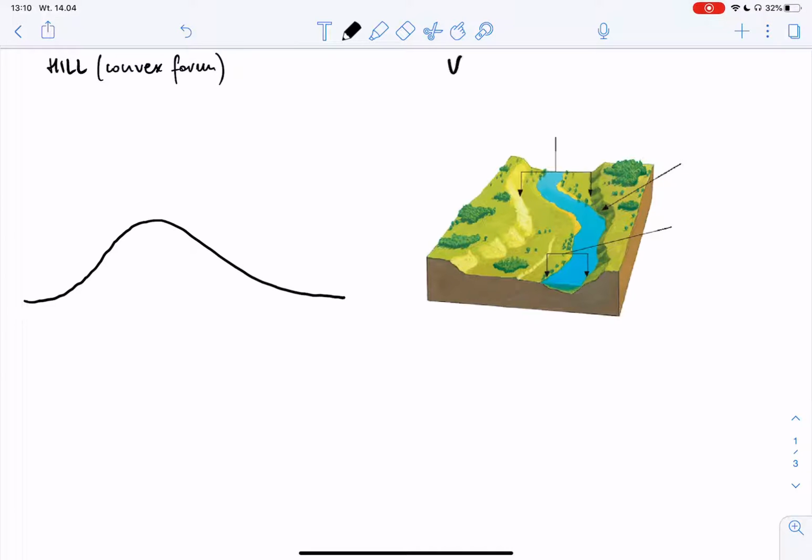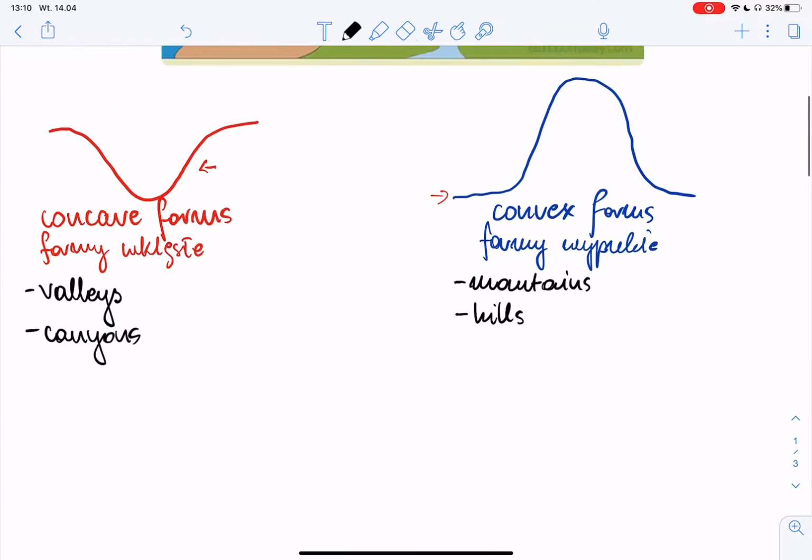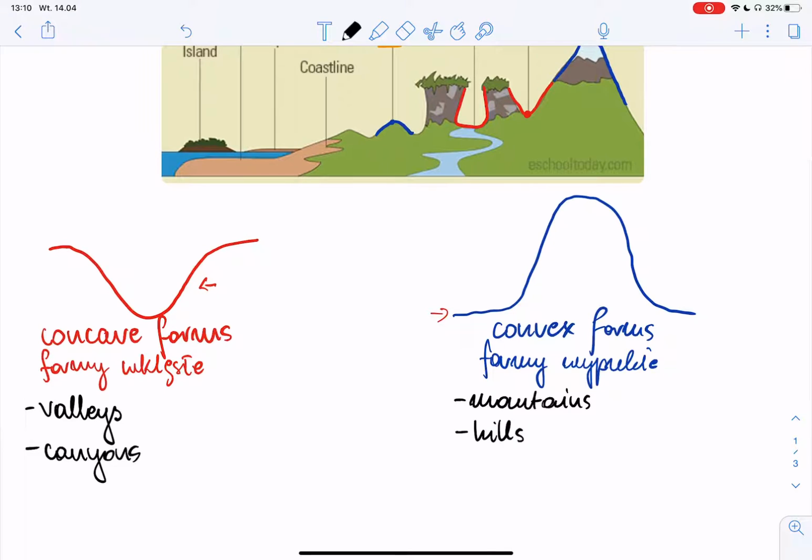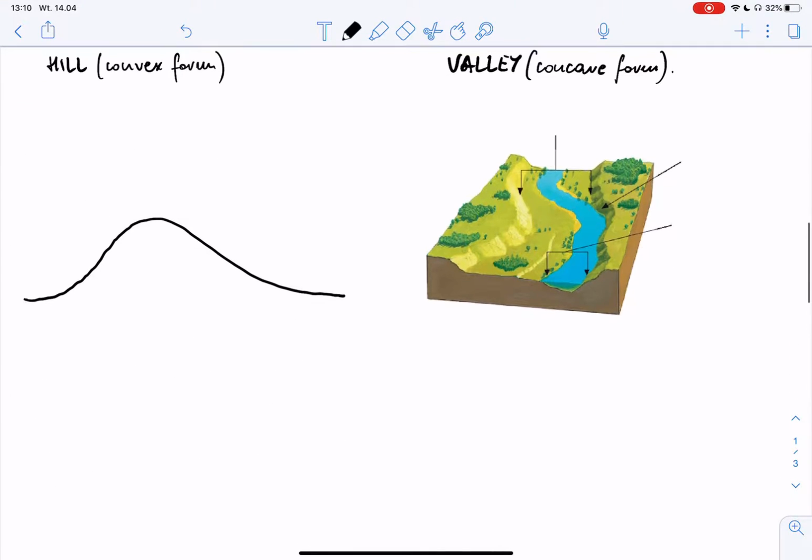And here we have a valley, which is a concave form, just like in this diagram. Convex forms are mountains and hills, and concave forms are valleys and canyons.